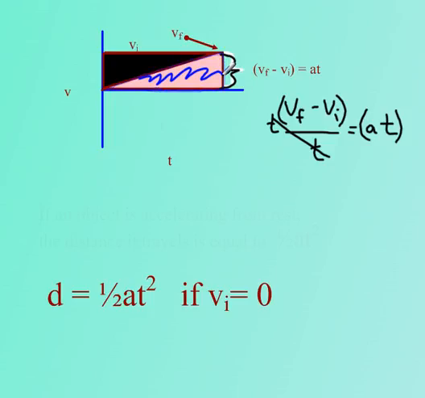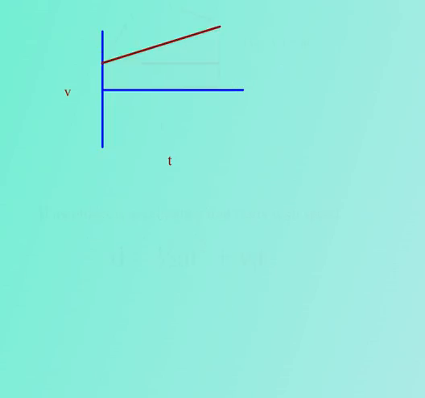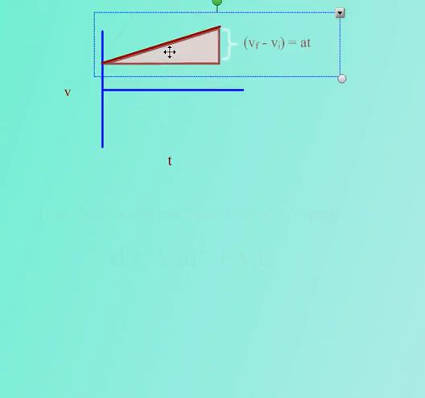Now, if vi is not 0, the graph of motion might look like this. And to find the area underneath that graph, remember, this whole process depends on you understanding that the area underneath a velocity time graph is the distance traveled by the object. The area under this one would probably be easiest to find by finding this triangle's worth of area.